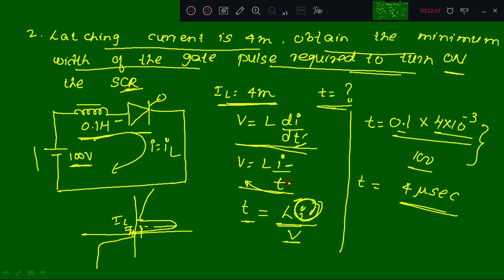So L into I by T. So T is equals to, if you rearrange this, L I by V. L here is 0.1 Henry. This I becomes the latching current, then only SCR will turn on. 4 milli by 100, 4 microsecond. This is the duration of the pulse.